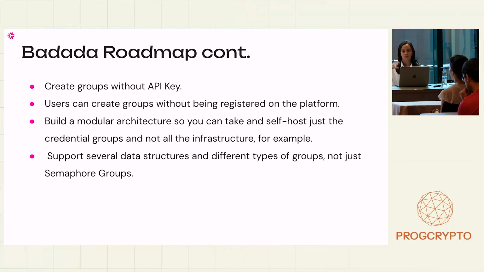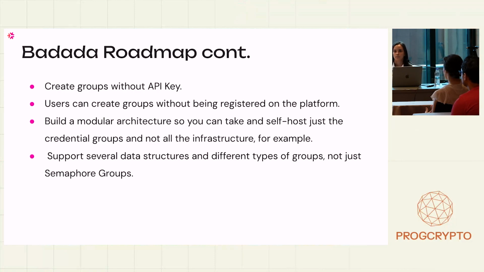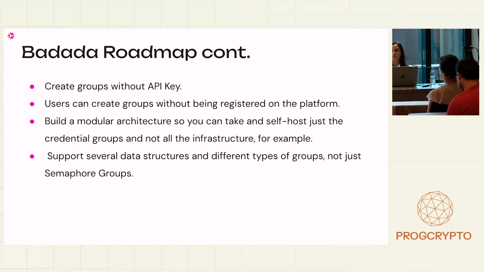It would be really nice to have this type of architecture where you can take whatever you want and self-host it. And also support other data structures. Right now it's using an incremental Merkle tree, and it would be nice to support other data structures to prove group membership. And to have different types of groups too. Right now we have Semaphore groups, but it would be nice to have other types of groups.